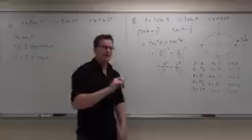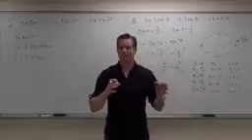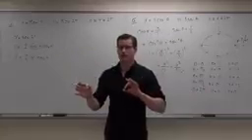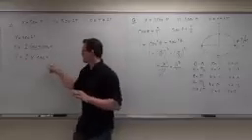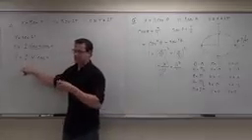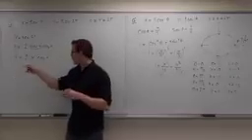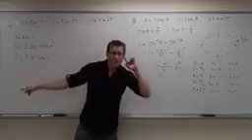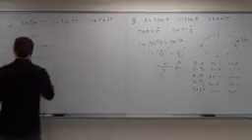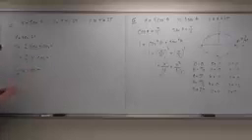Now, can I isolate a parameter, even if it has a trig function around it, and make it in terms of x and y alone? Yeah. How would I do that? Isolate it. Divide by 2x, okay. So I get y over 2x equals cosine t.